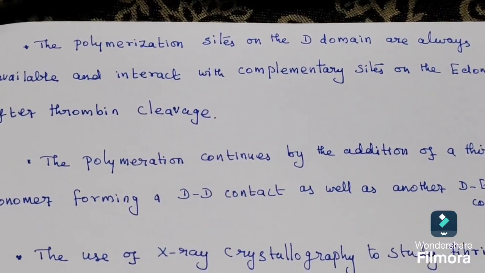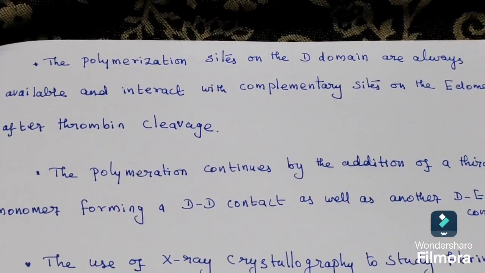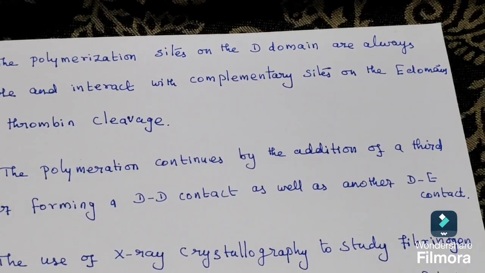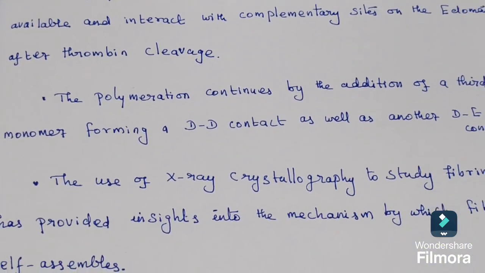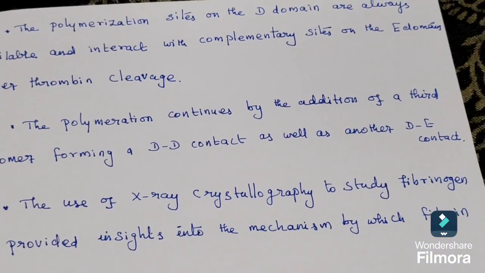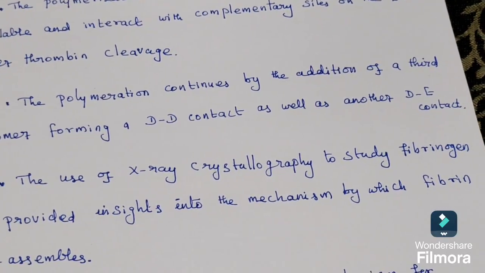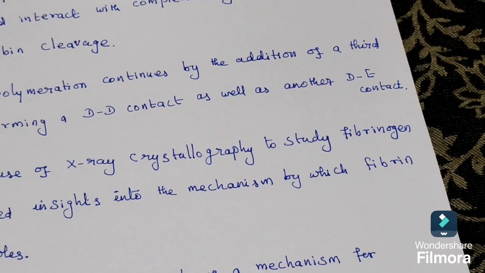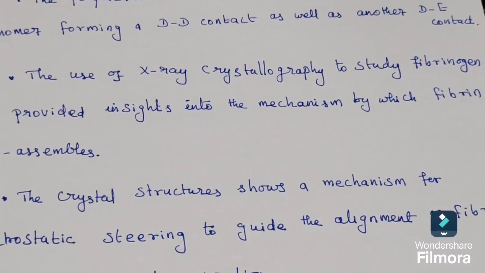The polymerization sites on the D domain are always available and interact with the complementary site on the E domain after thrombin cleavage. The polymerization continues by the addition of a third monomer, forming DD contact as well as another DE contact.